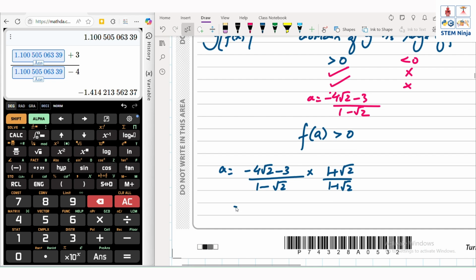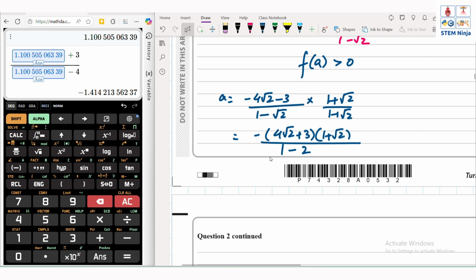The denominator simply becomes 1 minus 2. The numerator will come 4 root 2 plus 3 times 1 plus square root 2. Now let's see. This minus and the minus 1 in the denominator, we can cancel them out.